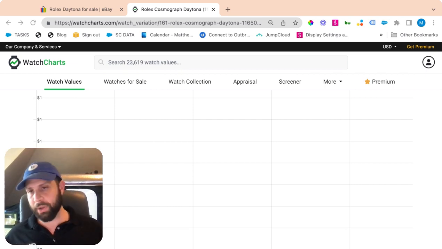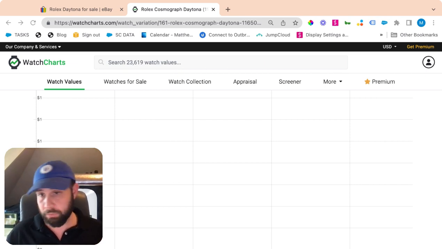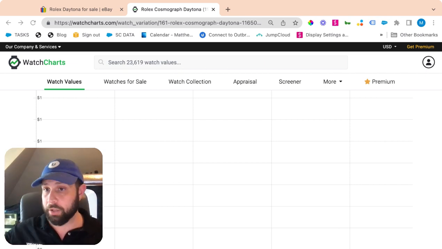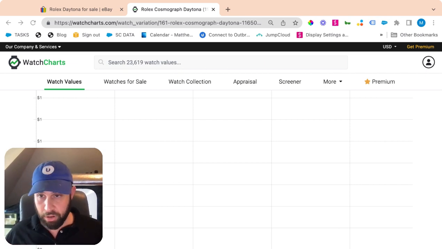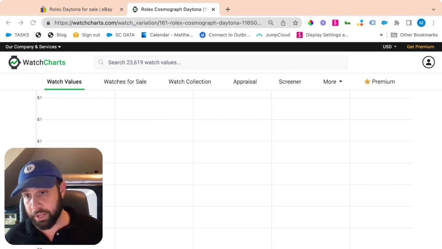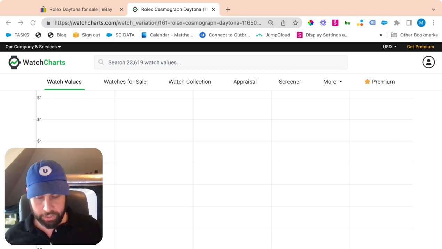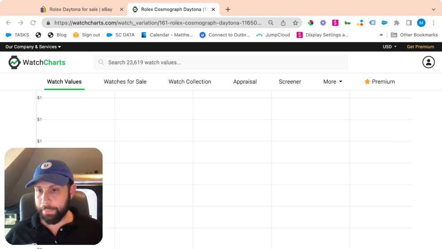So liquidity, I'm not going to give you our exact measurement, because we have a dynamic measurement that AI will move depending on the watch, but it is basically an aggregation of demand velocity, the ratio of demand to supply, and also absolute demand, as well as absolute supply.